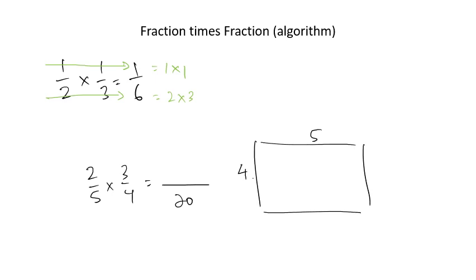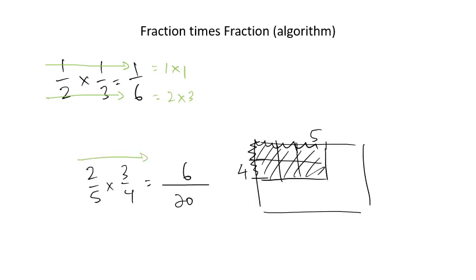And so now I know that 2 of these were shaded in, and I know that 1, 2, 3 of these were shaded in. And so I know my shaded in rectangle is going to be 2 by 3. And so that means I'm going to have 6 of them shaded in. And again, I can see what's happening here.